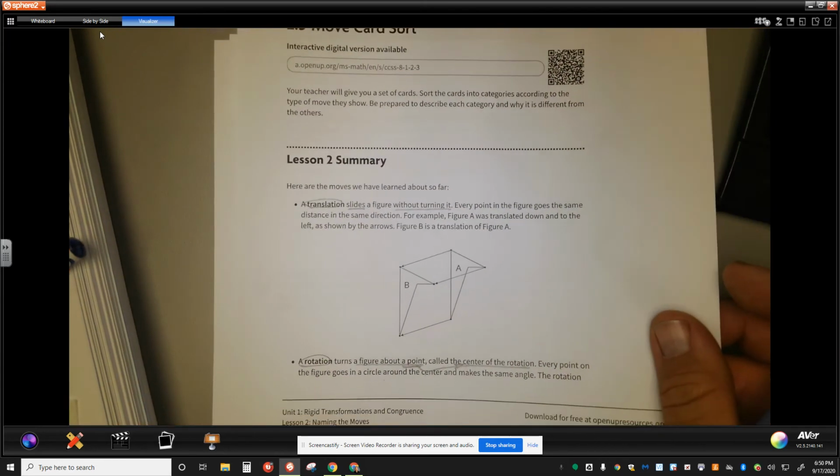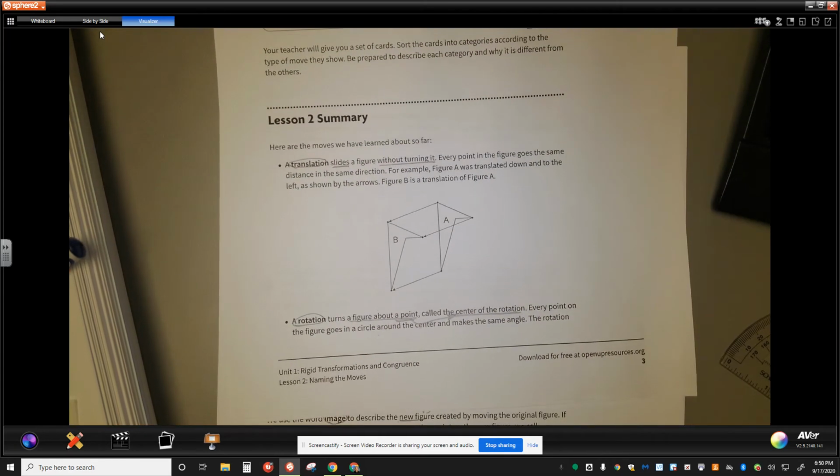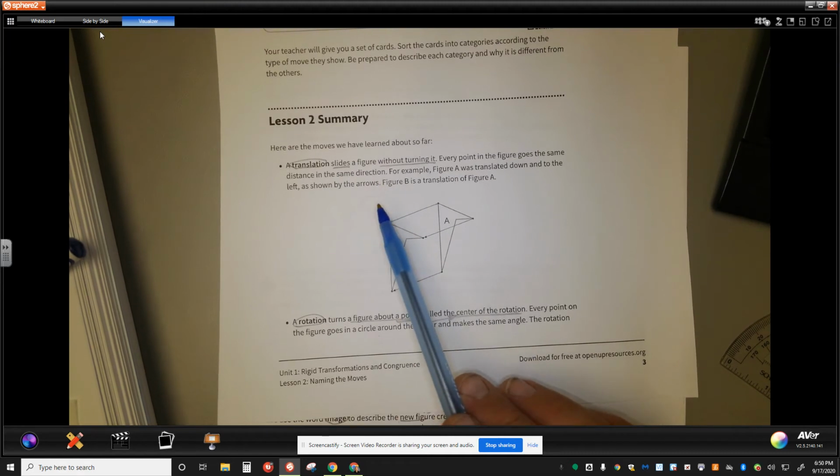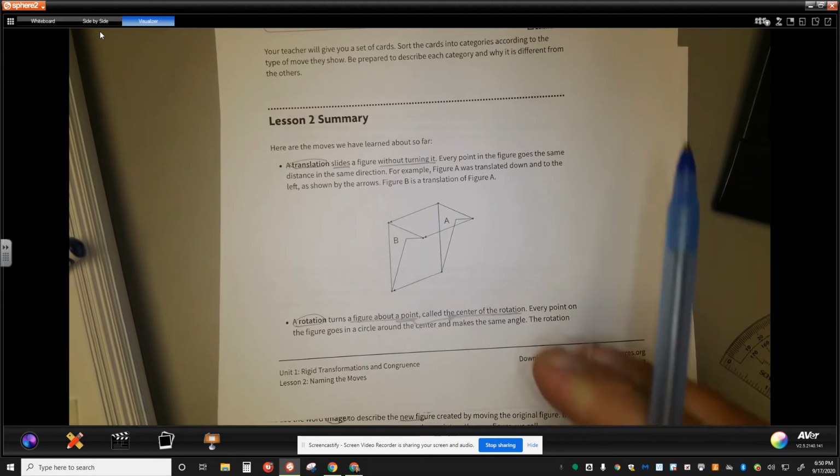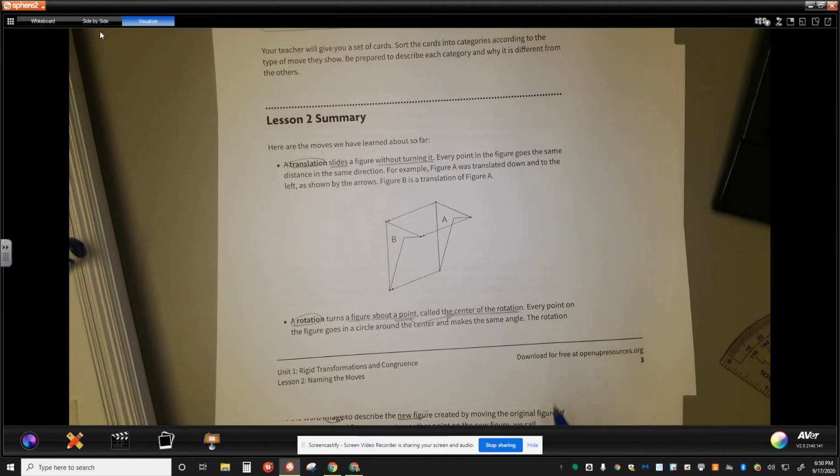Please make sure that you keep track of these pages. My strategy that I want to share with you is this. It takes a lot of work to write down a whole bunch of notes. On these pages, if you can get those pages in there and mark the text, it's going to be a little bit quicker.